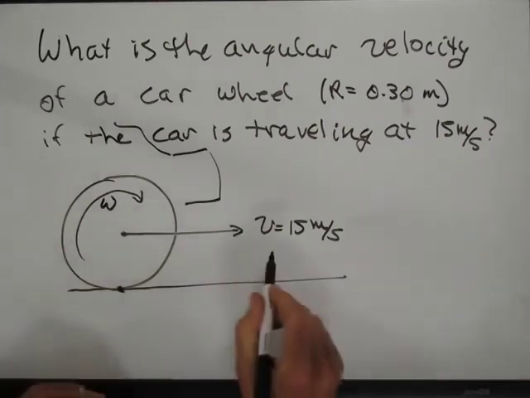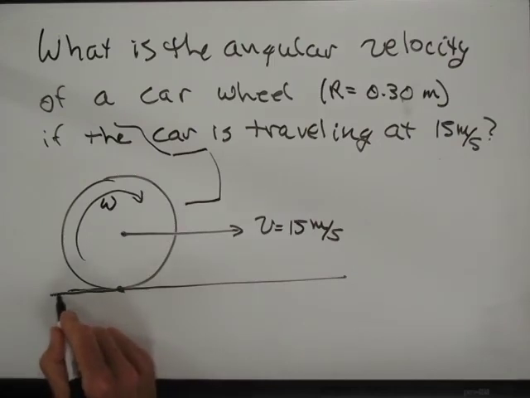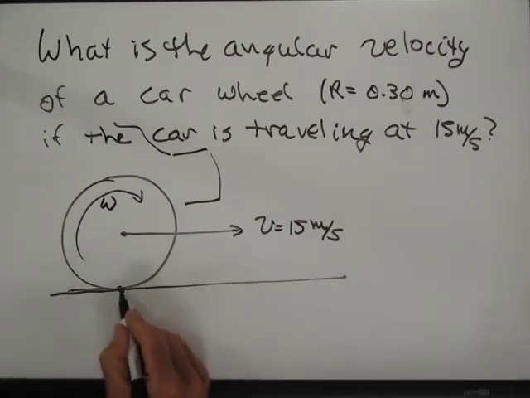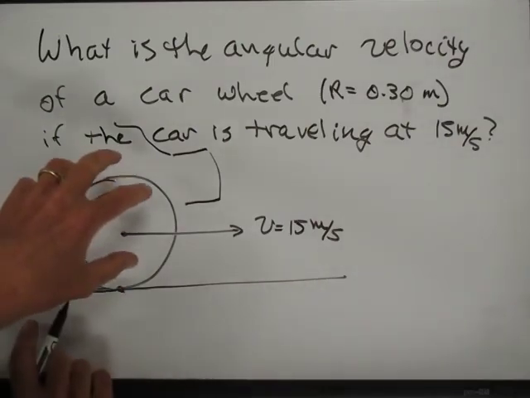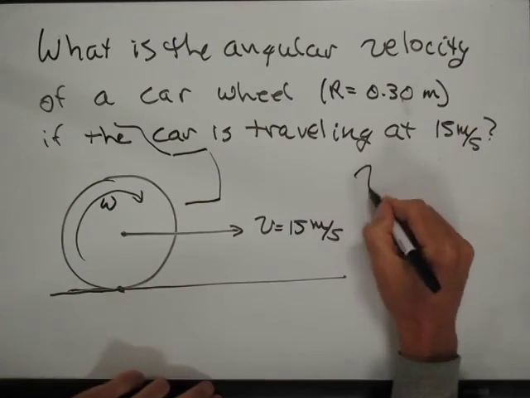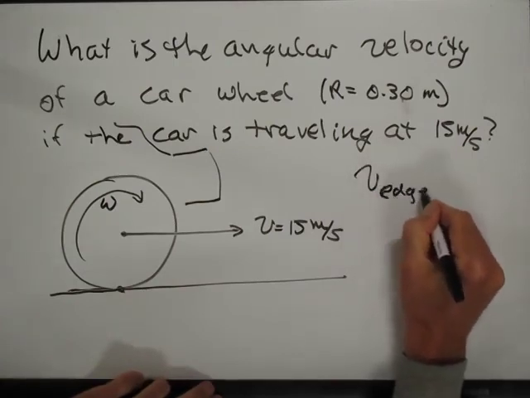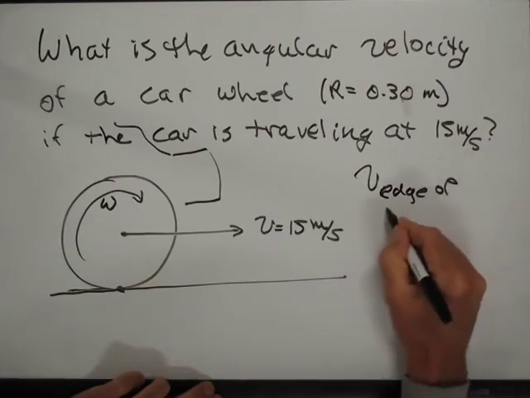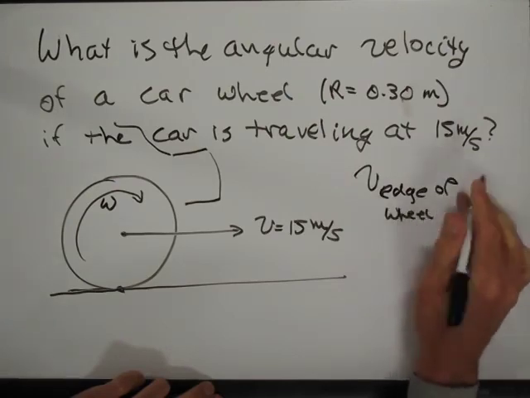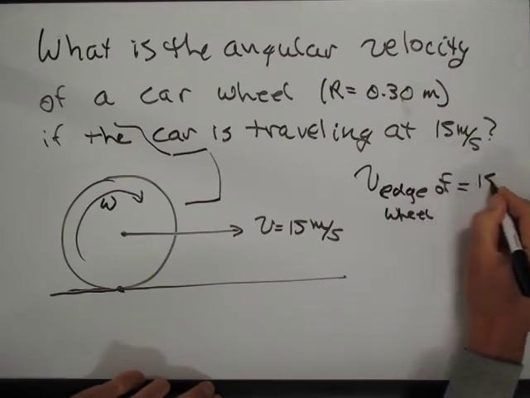And that means when the car is traveling at 15 meters per second, the edge of the wheel is traveling at 15 meters per second, because that's how fast the ground would be going by, and the ground is in direct contact with the wheel as the wheel spins. So the velocity of the edge of the wheel is 15 meters per second.